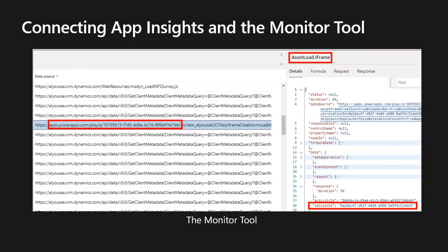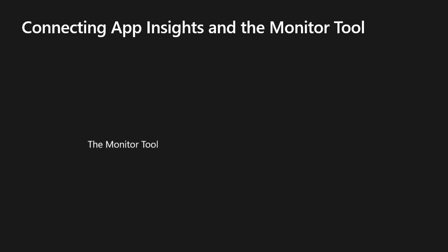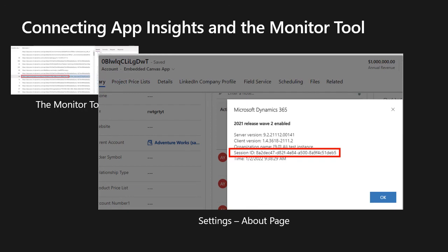To wrap everything up here, so connecting App Insights and Monitor Tool. Here's a screenshot of the Monitor Tool, including the apps.powerapps.com URL. You can grab the session ID here on the bottom right. You can also look at the correlating ID within the data source here on line number 4. Next, you could also look at the settings About page, get that session ID, which can help us when we have the App Insights set up for Dataverse.